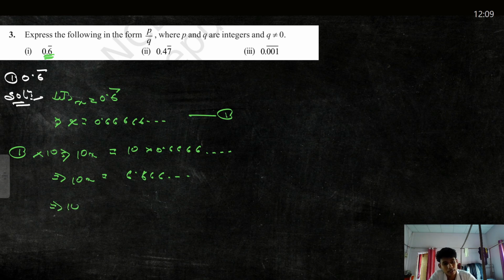Now that implies 10x is equal to 6 plus 0.6666, which can be written as 10x is equal to 6 plus x from equation 1.